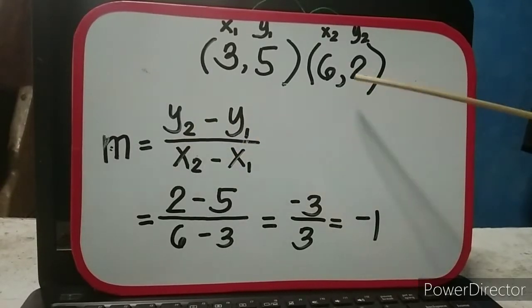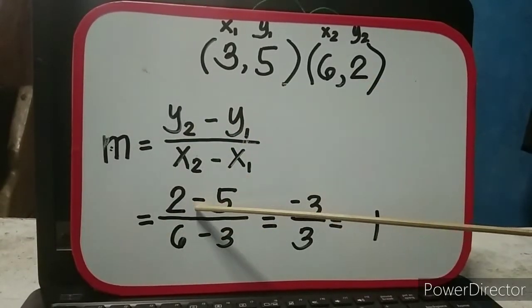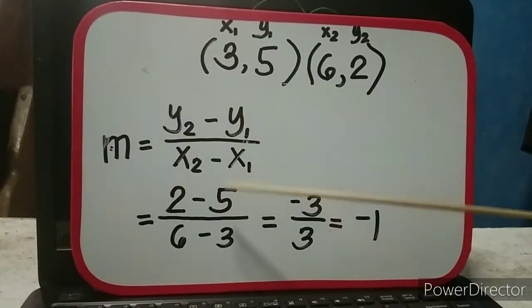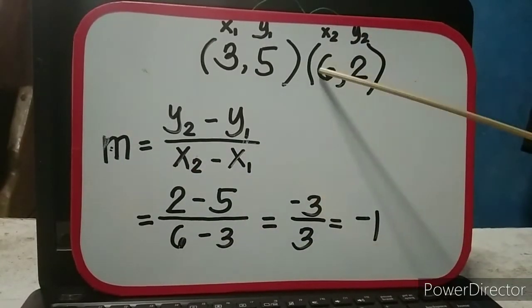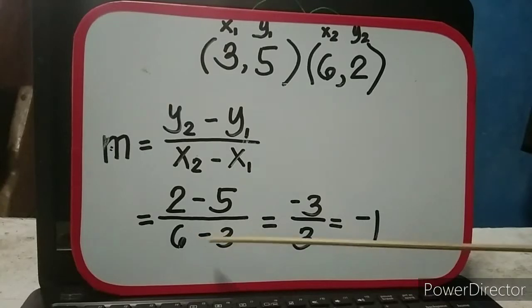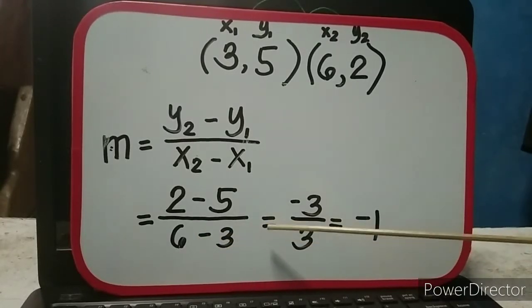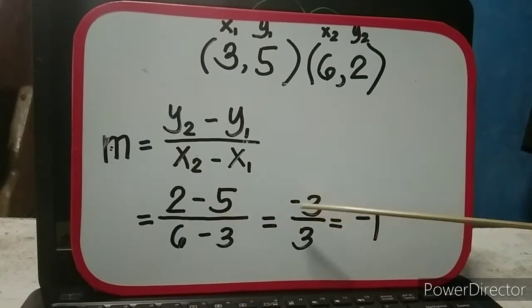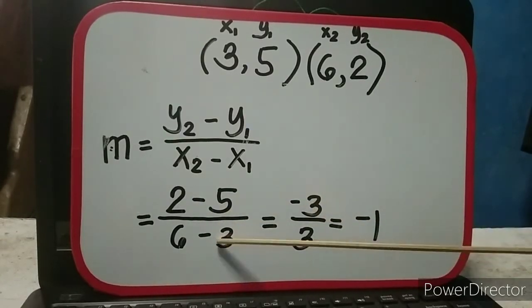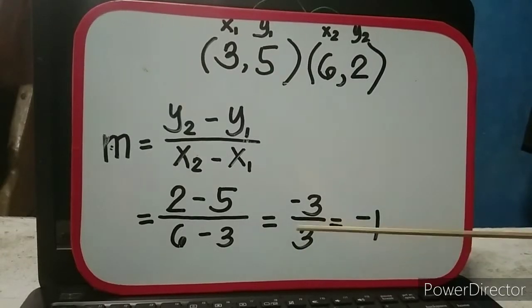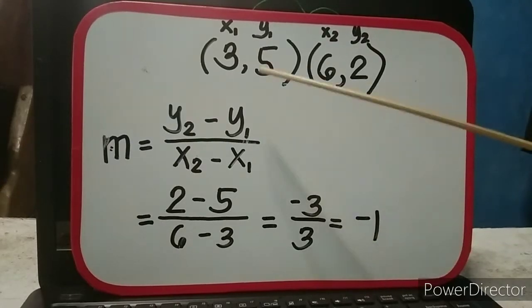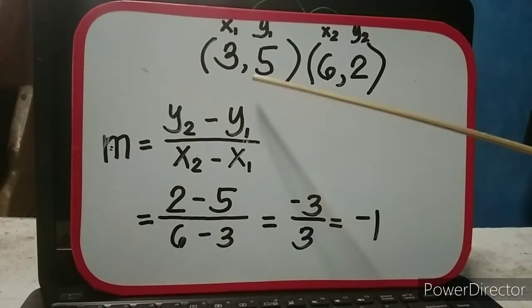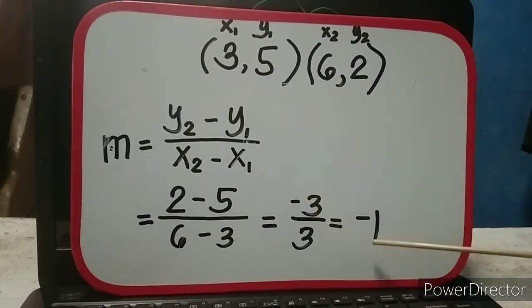So y sub 2 is 2, so we will write 2 minus y sub 1 is 5, so we have 5 over our x sub 2 is 6, so we will substitute it by 6 minus x sub 1 is 3. Then solve. 2 minus 5, that is negative 3. 6 minus 3, that is 3. And negative 3 divided by 3 is negative 1. Therefore, the linear equation in 2 variables that is being represented by these 2 points has the slope of negative 1.